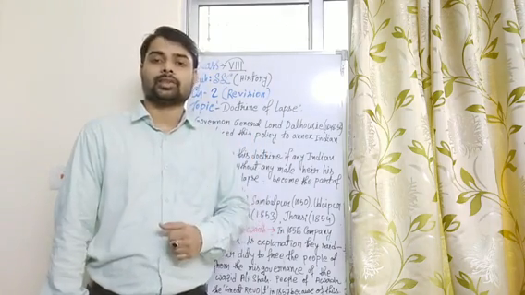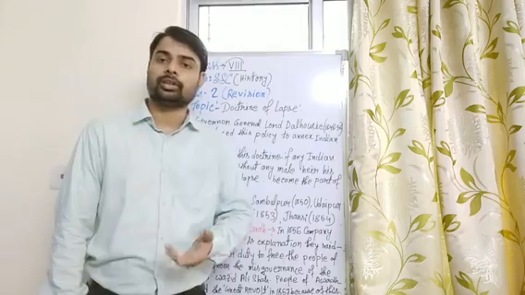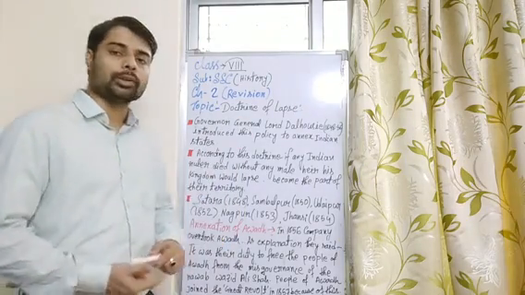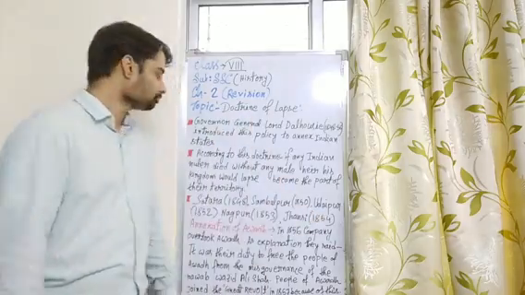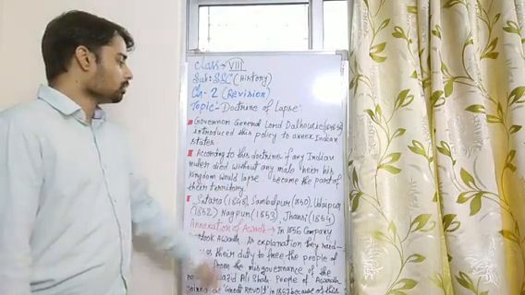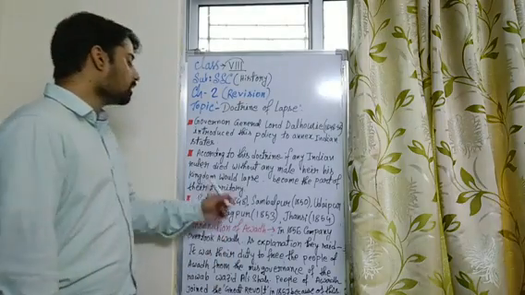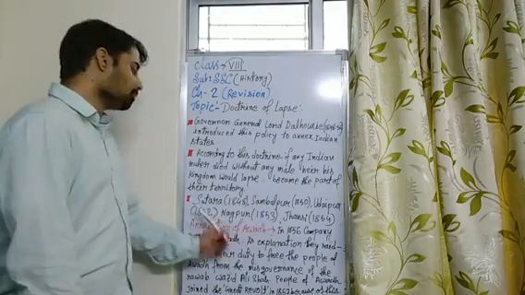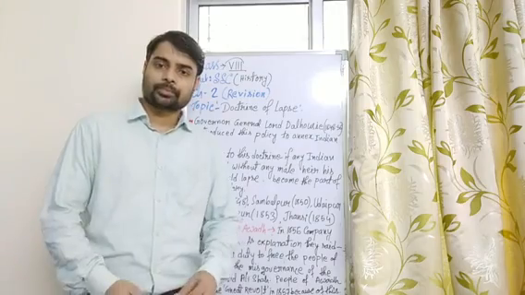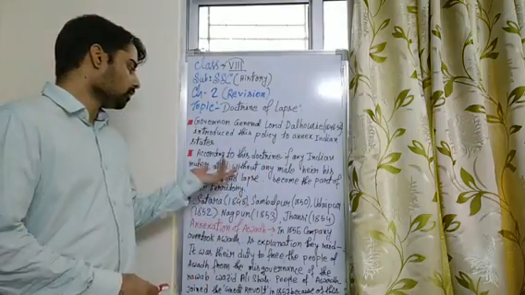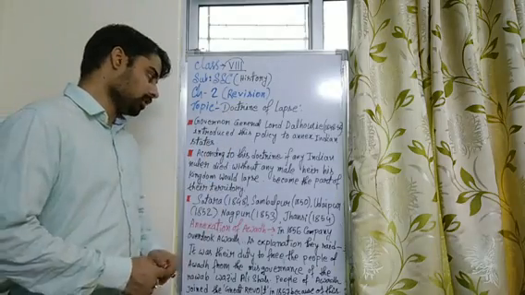They annexed Indian states forcefully by their military power. Now they introduced another policy, and as per this policy, if any Indian ruler died without a male heir, his kingdom would lapse and become part of their territory. So this is the main theme of the doctrine.